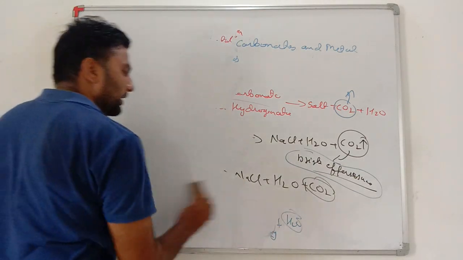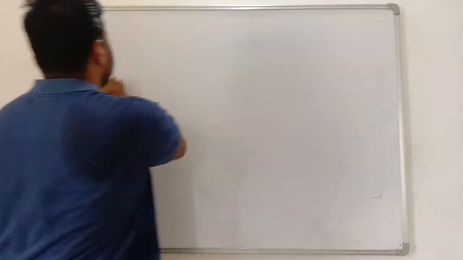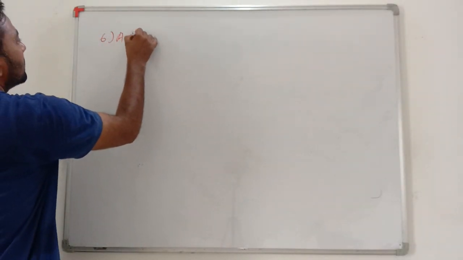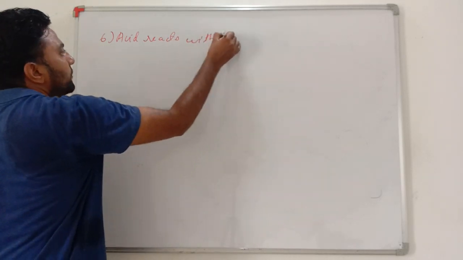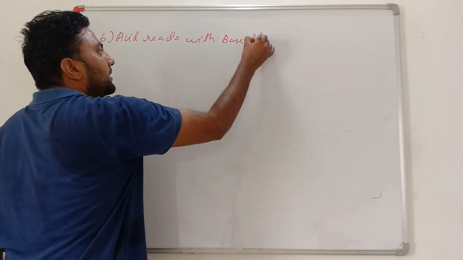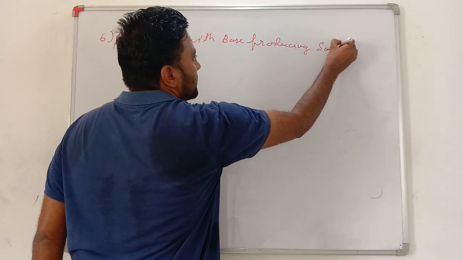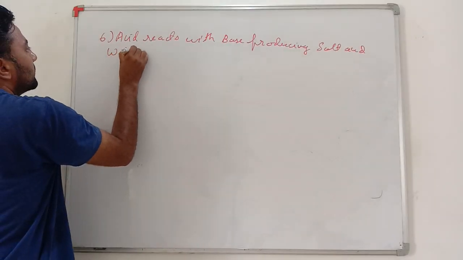Now we'll see how an acid reacts with a base. Acid reacts with base producing salt and water.